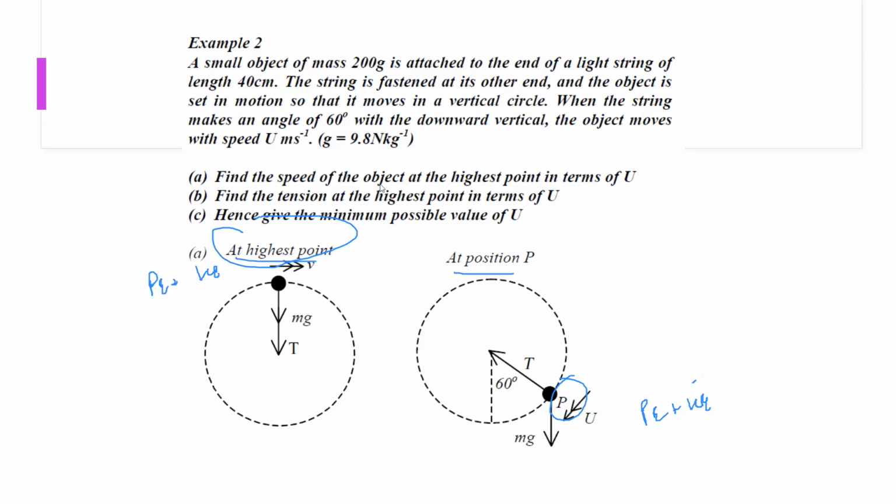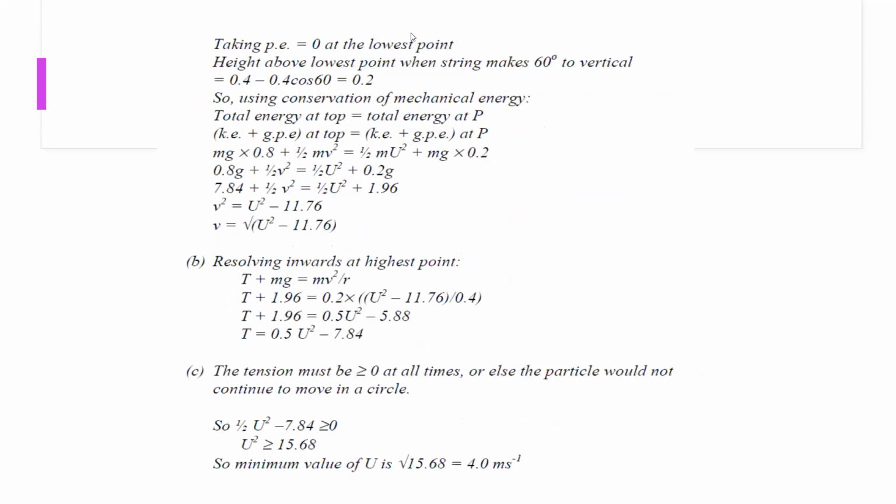Is it clear? This question? Any doubt? Yeah. So kinetic plus potential at the top is equal to kinetic plus potential at P. Potential is mgh, but we need an answer in terms of u. So the speed is v squared equals u squared minus 11.76.